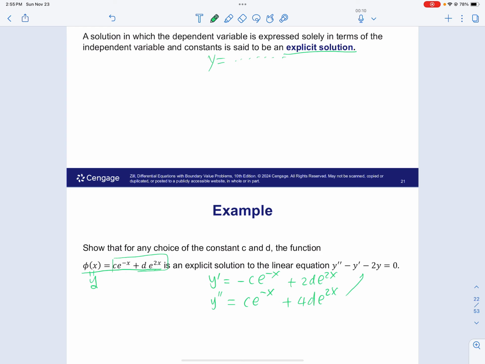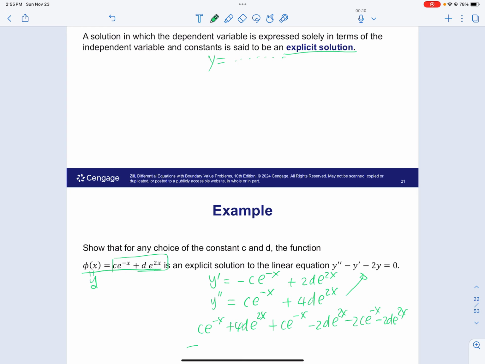Then you substitute in: c e to the negative x plus 4d e to the 2x, plus c e to the negative x minus 2d e to the 2x, minus 2c e to the negative x and minus 2d e to the 2x. Yeah.